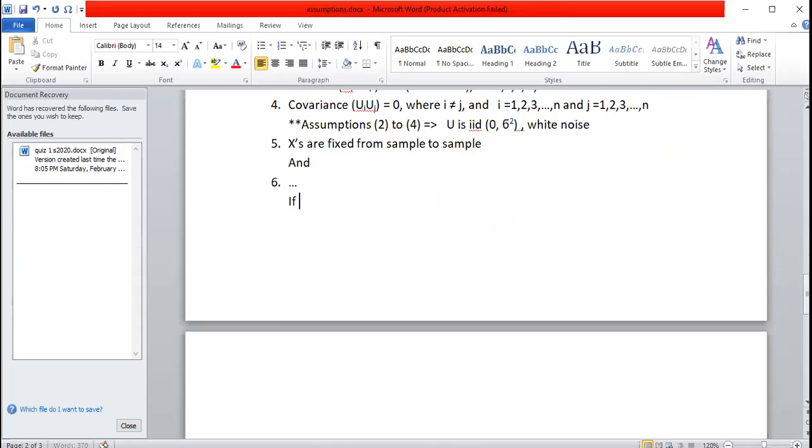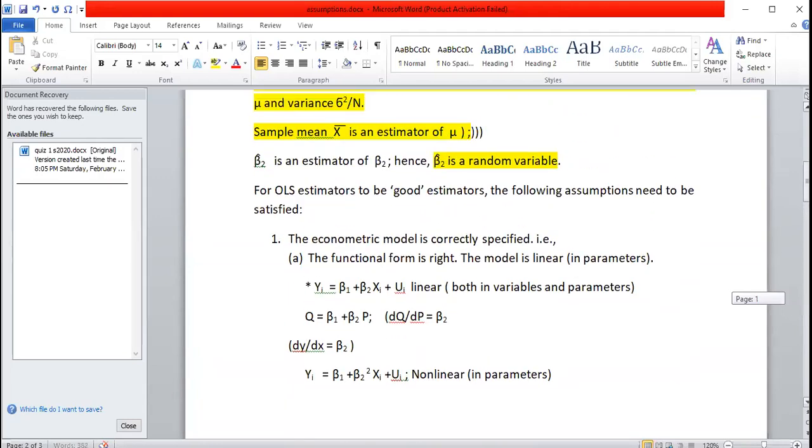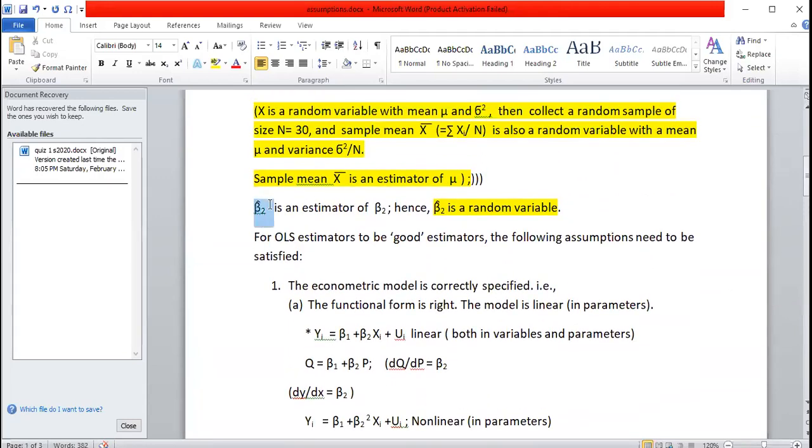OLS estimators of parameters such as beta 2 hat. So we are focusing on beta 2 hat.